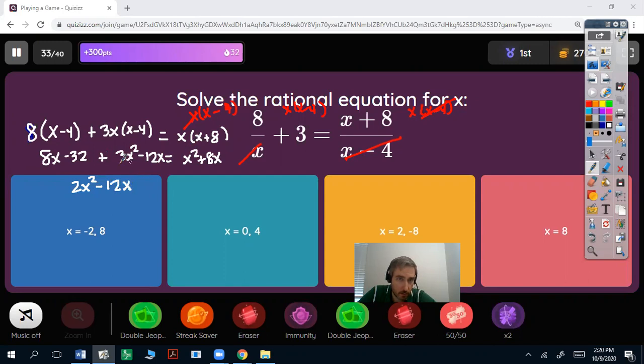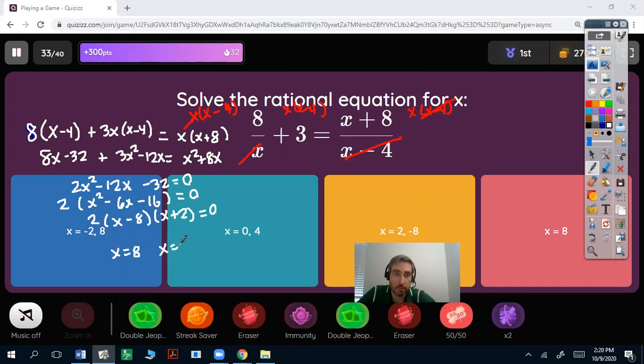And then you have a minus 32 equal to 0. And then you can factor out a 2. So you got x squared minus 6x minus 16 equals 0. And you can factor that. x minus 8, x plus 2, and solve each one of those equal to 0. But you know our graph got that answer faster than that, so you can also do it that way too.